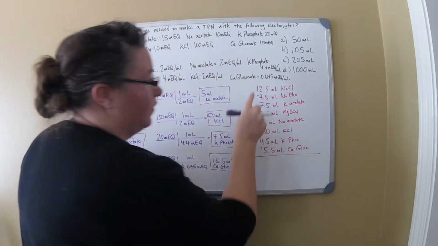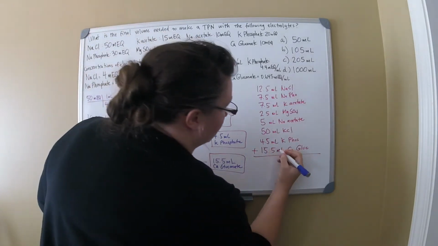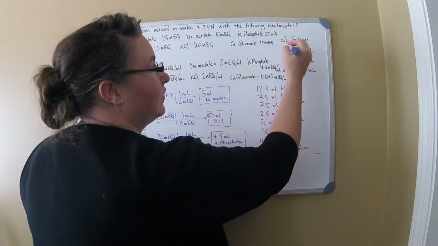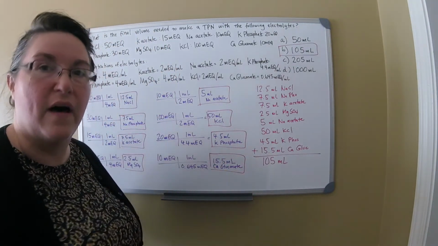All right, so whenever you add all of these quantities together, that total comes to 105 mL. And when you look up at the answers, that is B, which is 105 mL.